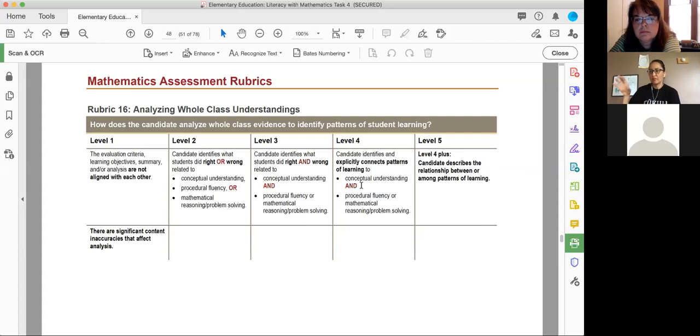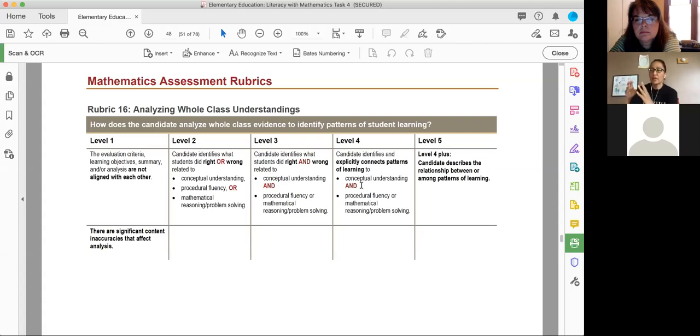And then maybe in the problem solving, you saw that the students were doing okay. They did well on that because they understood the concept, but there's something happening in that procedural part that the students aren't quite making that connection. So you're going to describe that. So you're describing how those patterns are showing you what the students are understanding or not, and how it's connected.